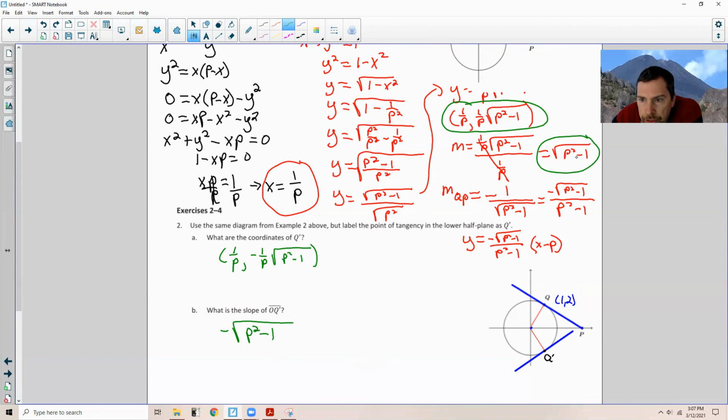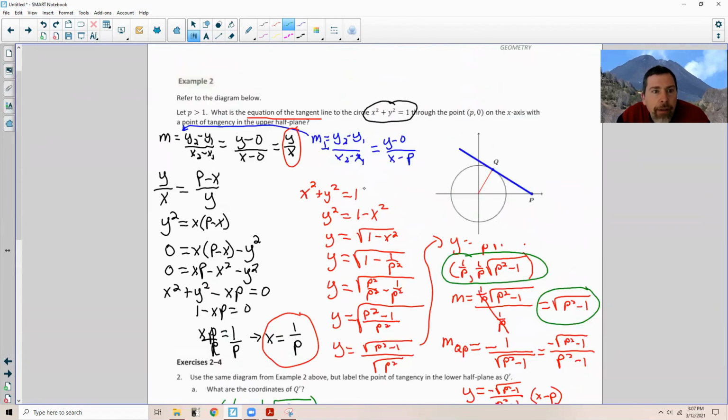Since this slope was the square root of p squared minus 1, this would be the negative. So it's going to be a reflection. Their diagram really isn't drawn well. It should have been a 45-45. Okay, but we'll go with that. Since the slope is positive, this one would just be the negative of the slope we calculated here in example 2.